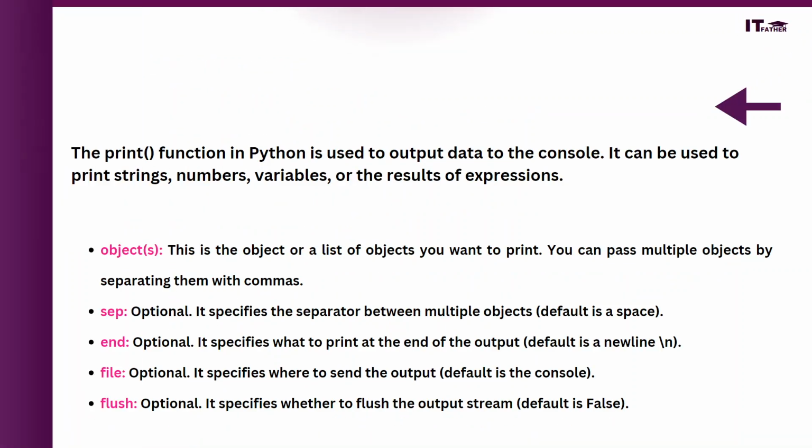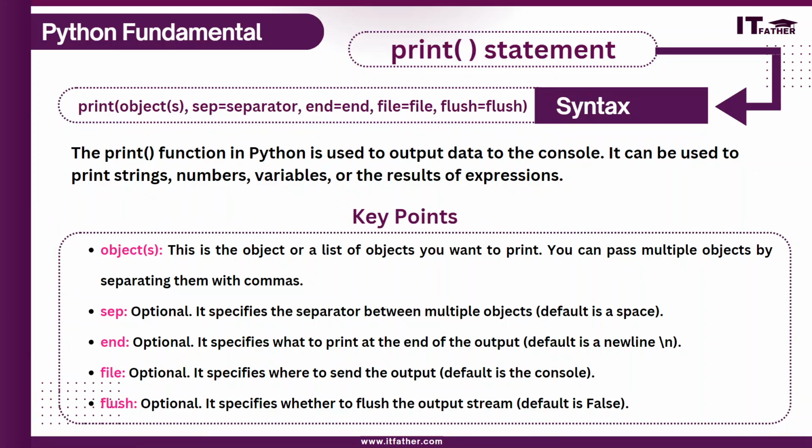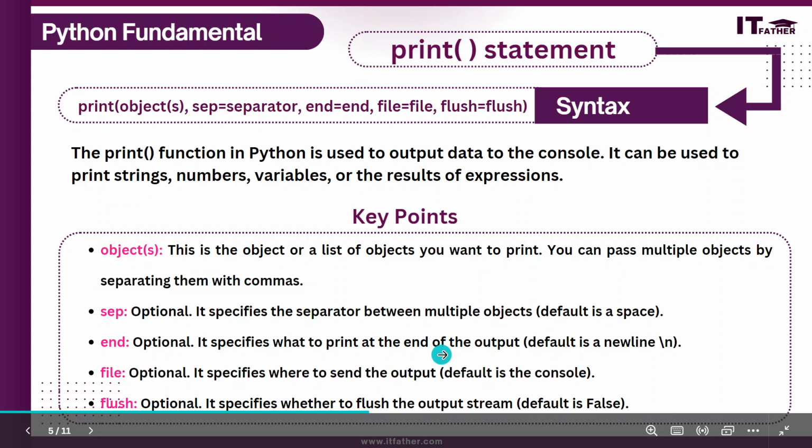A simple example. Next, very important: the print statement is a very fundamental part of Python programming. If you don't know how to use the print statement, you can do all types of execution, but you cannot display the output properly. So please carefully understand the format of the print statement. What is the syntax of the print statement?